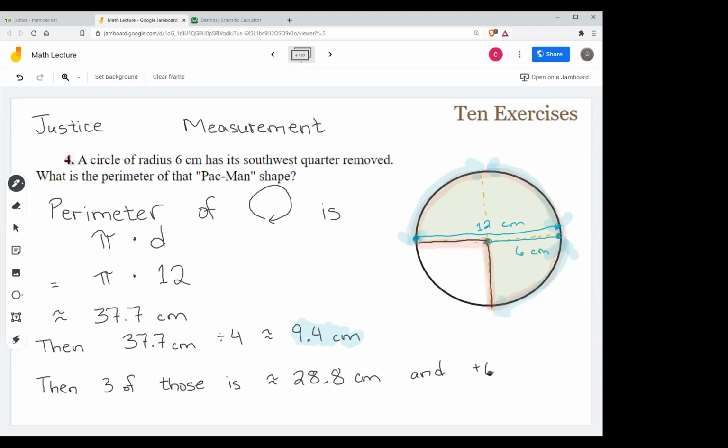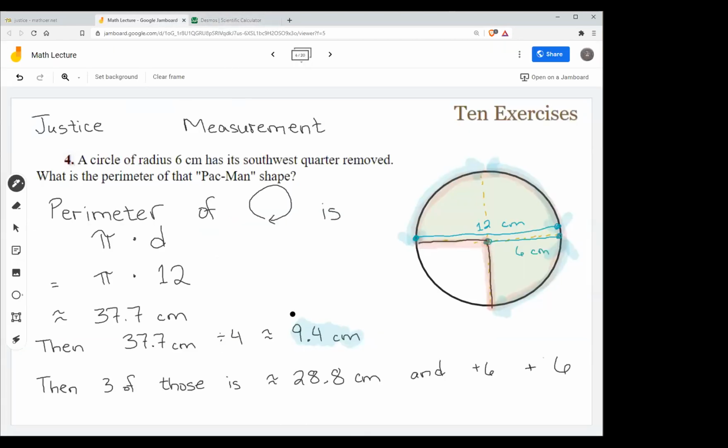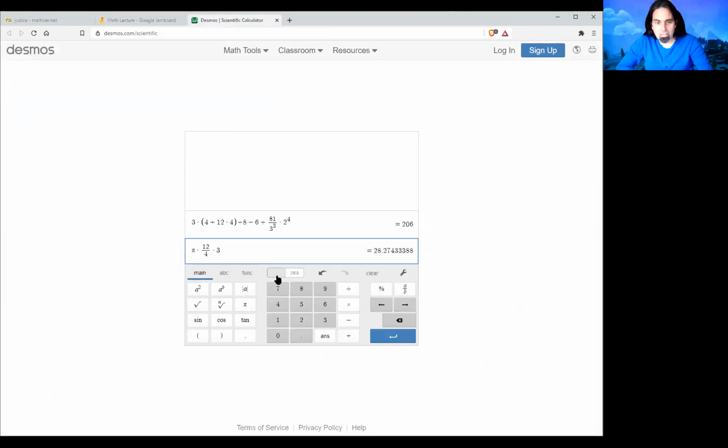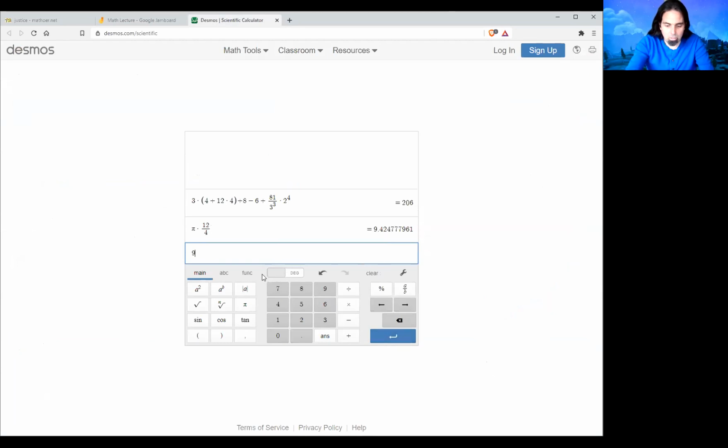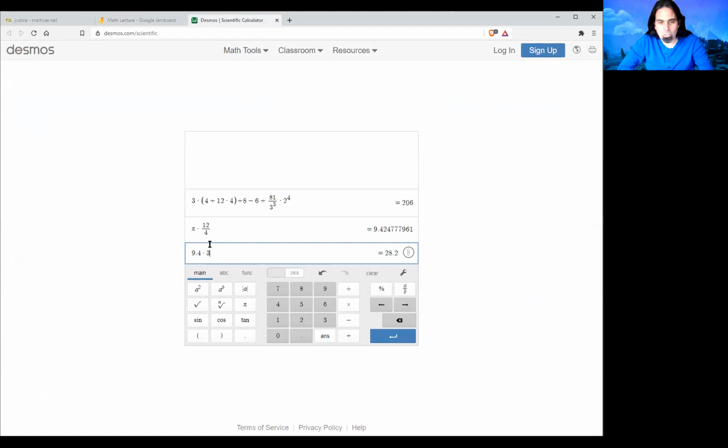I could be wrong, but I think you rounded that wrong. I think it should be 28.3. Maybe. Except I'm not rounding in the middle as I go. The calculator is actually keeping going. If I had done 9.4 times 3, then yes, it would be 28.2. But I don't want to round in the middle.